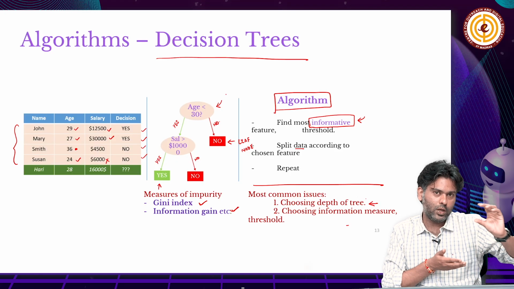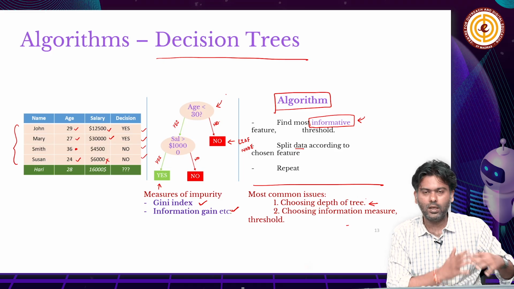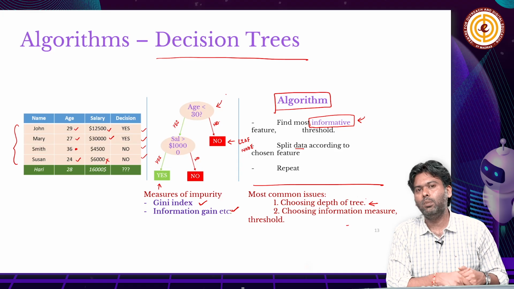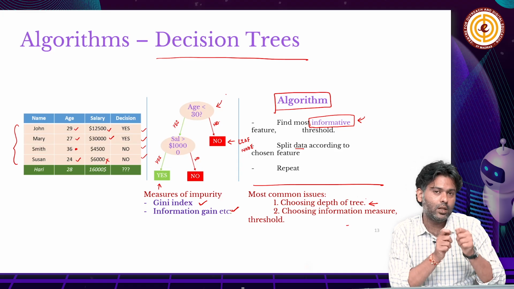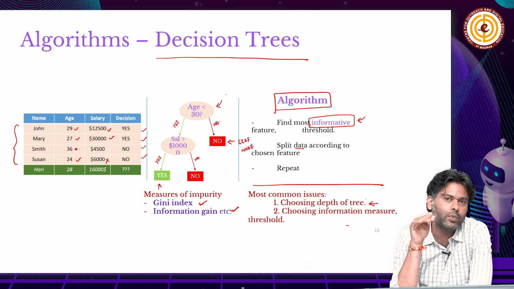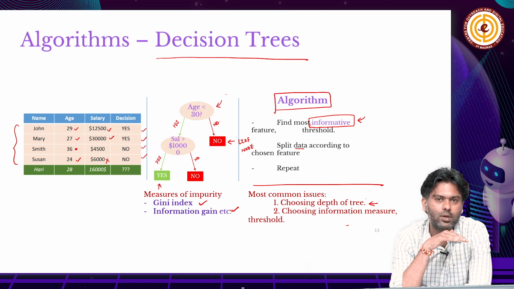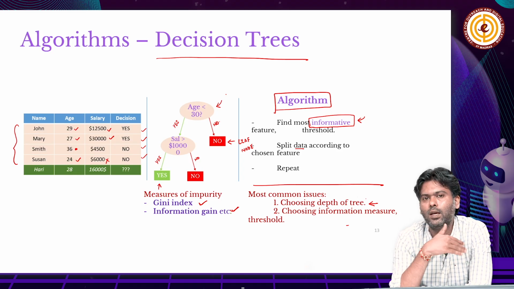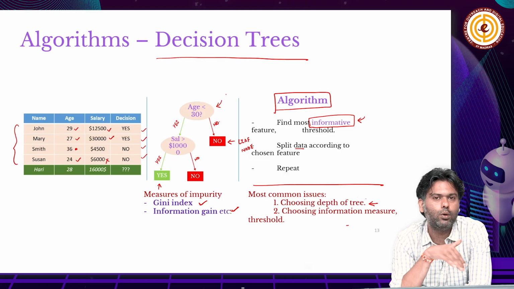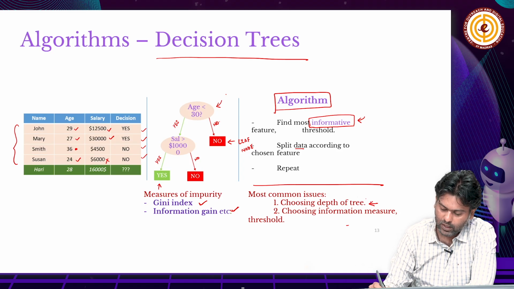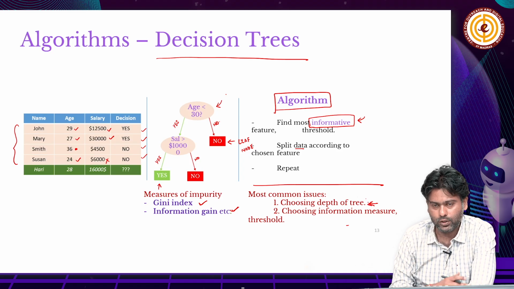Now just to make sure that your data set is pure, you might keep adding more and more levels to this tree, and that might actually be wasteful, because just to fit the outliers you don't want to add too many levels. So you may want to stop your tree growing process at some point, and then say that, hey, I think everything other than this, the impurity, is caused by outliers. I don't want to grow this tree any further. Now how do you choose the depth of the tree? That becomes an interesting question.